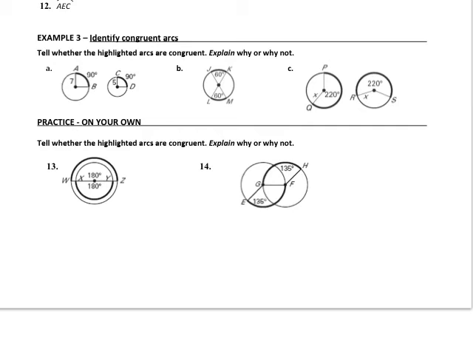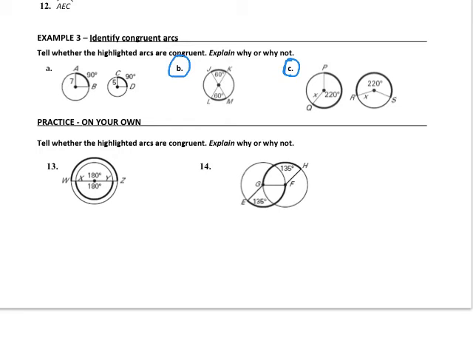So either the arcs that are congruent have to be in the same circle, let's say for instance like picture B here, so these two arcs that they're asking us about are in the same circle, or the arcs would have to be in two separate circles with the radius that is the same. So for instance, part C will have that.